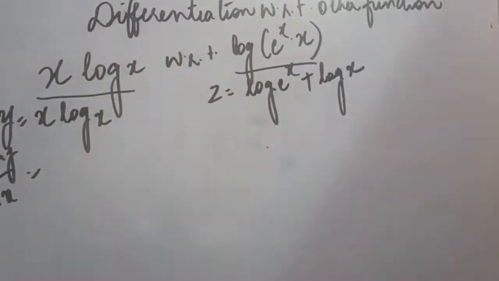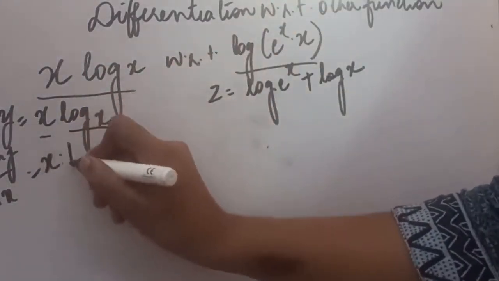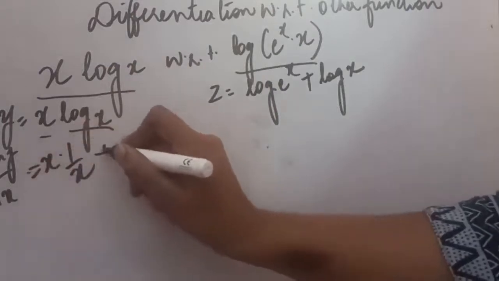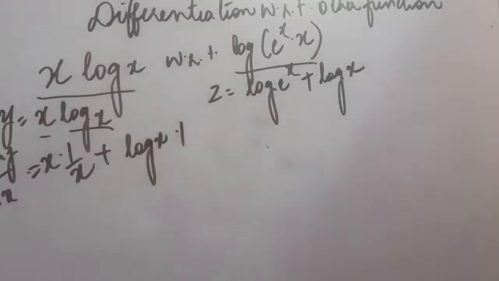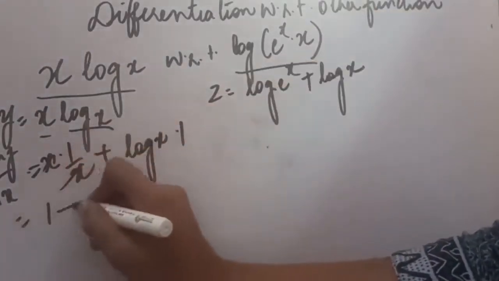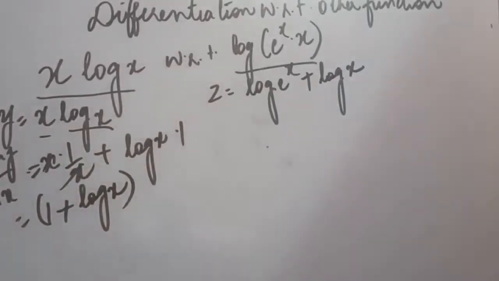Now you can see it is the uv rule, u and v. So it will be first, differentiation of second: log x differentiation is 1 upon x, plus log x, differentiation of x will be 1. So this will be cancelled, so its answer will be 1 plus log x. By solving the left hand side, you will be getting this.